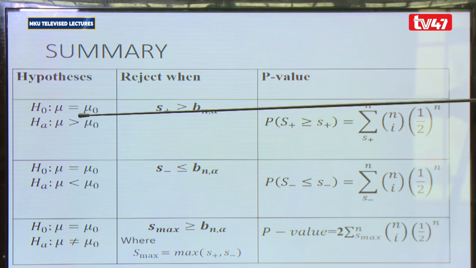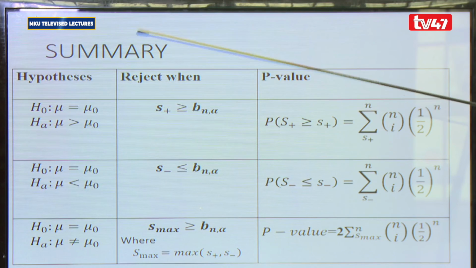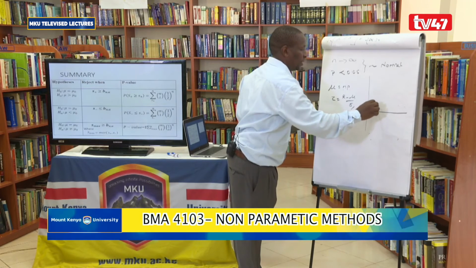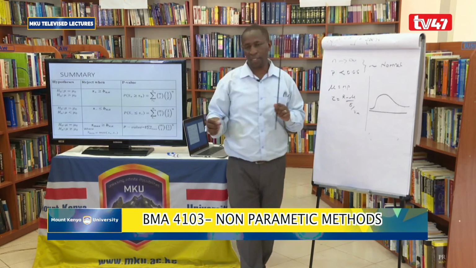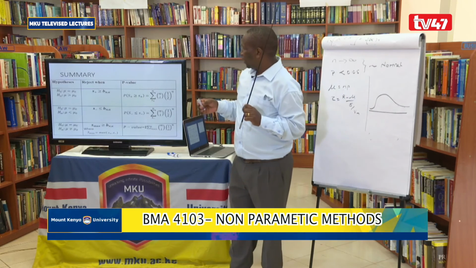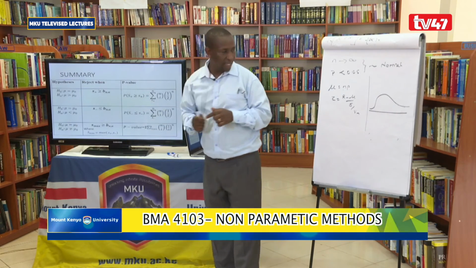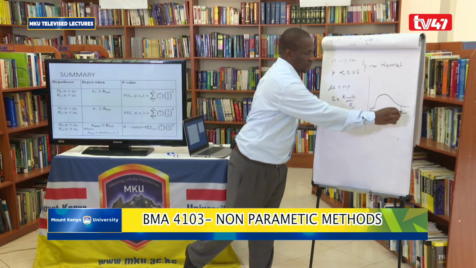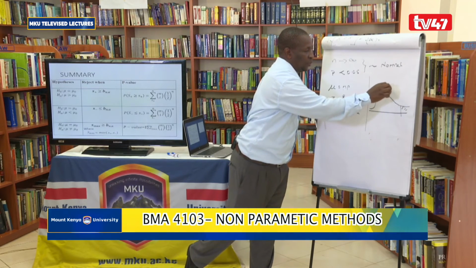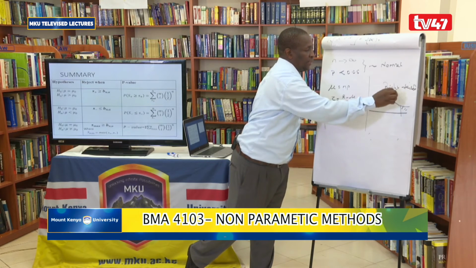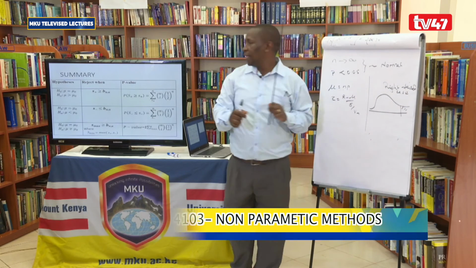We call it a one-tailed test because the critical region, usually obtained from tables, is on the right-hand side, where mu is greater. That is what we call a right-tailed test, and it is a one-tailed test.